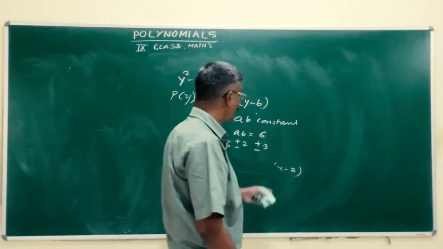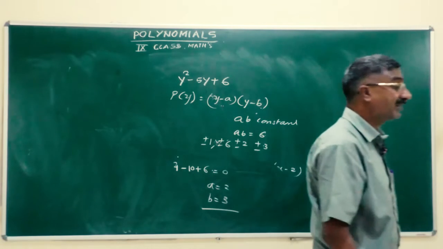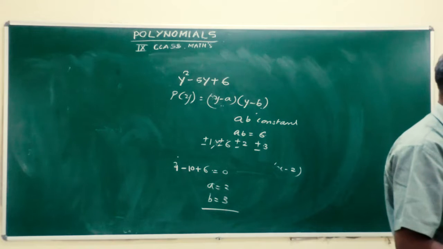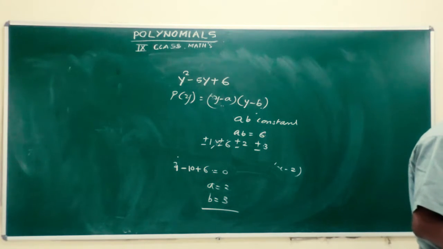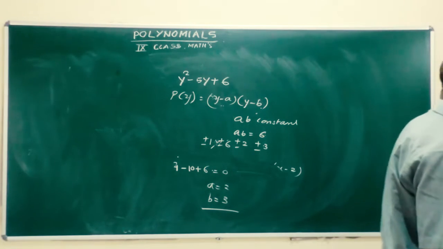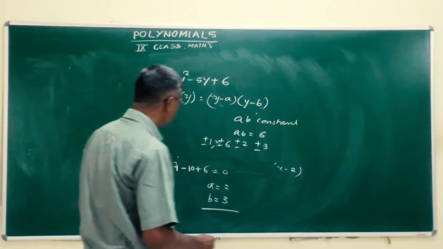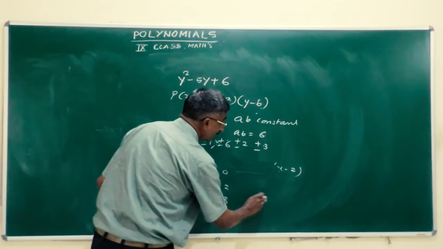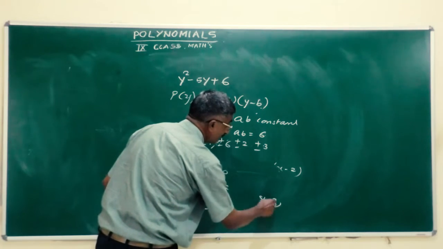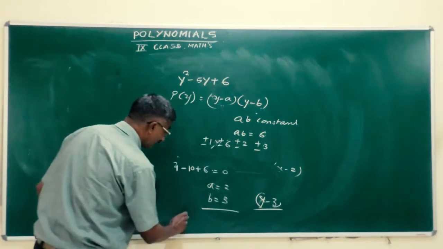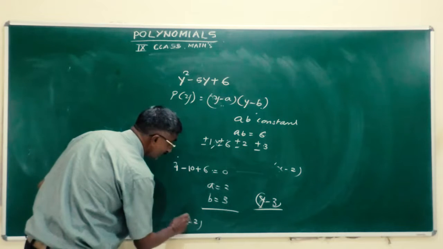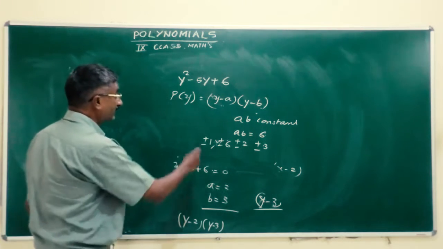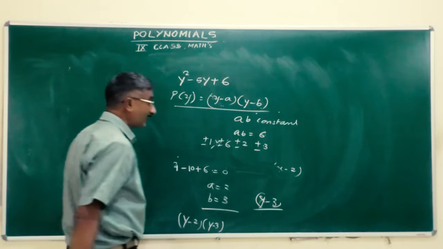So, y minus 2 and y minus 3 are the two factors. The first factor is y minus 2 and the second factor is y minus 3. So, y minus 2 and y minus 3 are the two factors of the polynomial.